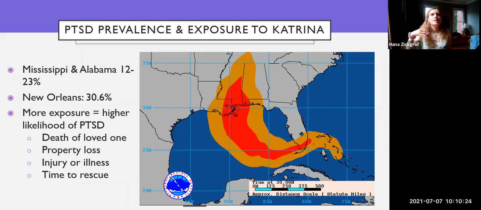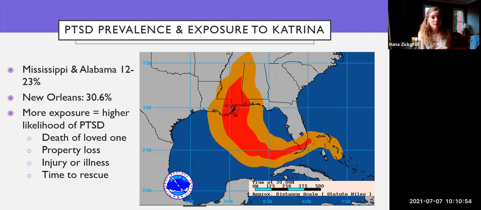So there is this kind of link between the intensity of trauma and the degree of exposure to a trauma and how likely someone is to develop PTSD. So for example, the whole Gulf Coast region was affected by Hurricane Katrina in 2005. However, the city of New Orleans was affected much more than any other region in the Gulf Coast, both by the direct impact of the hurricane and by the levees breaking and the city falling into disarray for weeks afterwards.